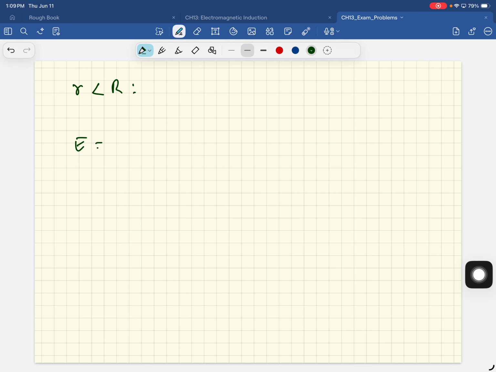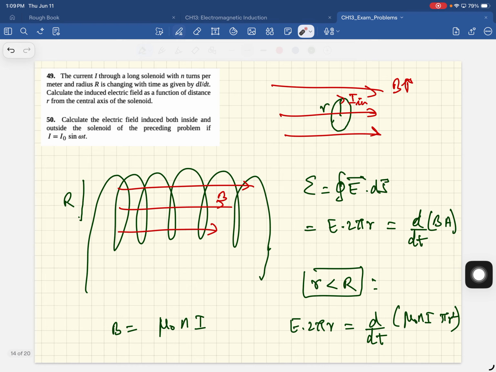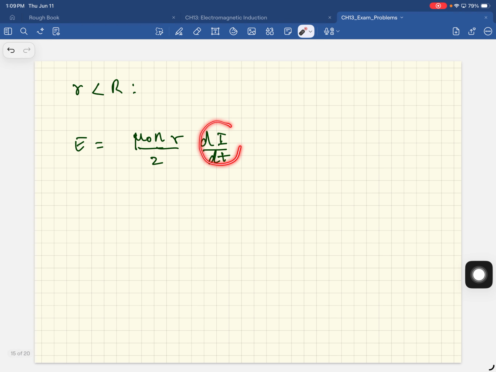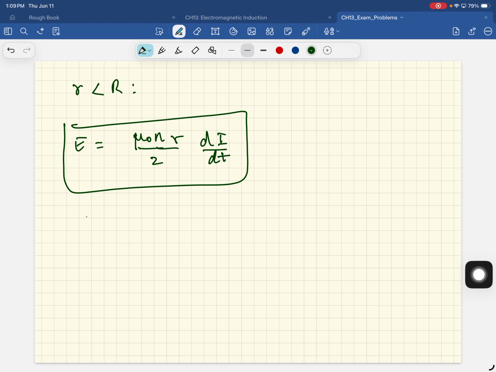So the magnitude of the EMF induced is d by dt of B times area. The d by dt of B is mu naught n di by dt. The area is pi R solenoid squared, since only this area is relevant to the flux.